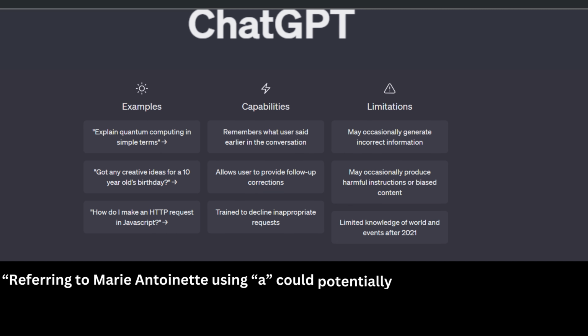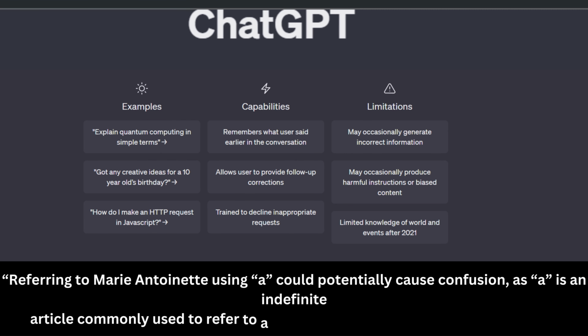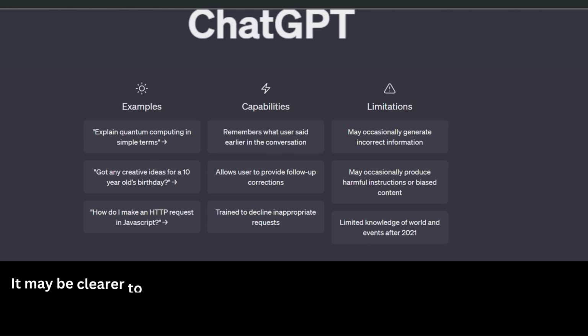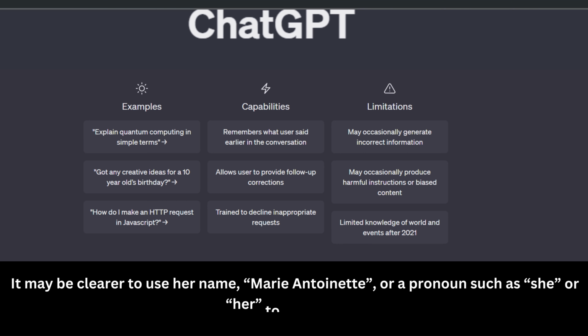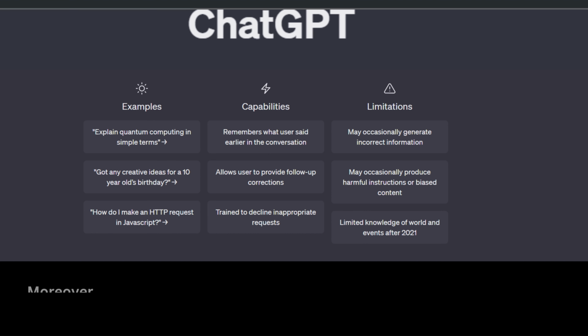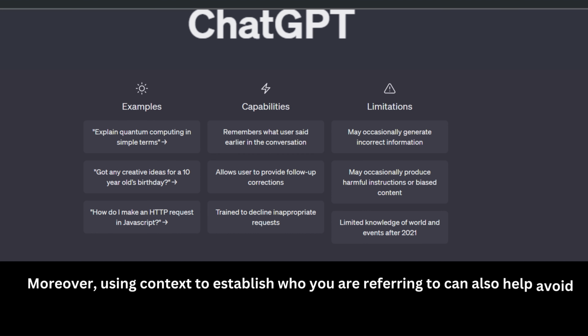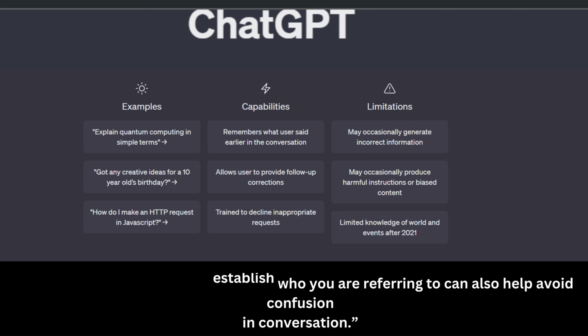Referring to Marie Antoinette using a could potentially cause confusion, as a is an indefinite article commonly used to refer to a noun that has not been mentioned before. It may be clearer to use her name, Marie Antoinette, or a pronoun such as she or her to refer to her. Moreover, using context to establish who you are referring to can also help avoid confusion in conversation.